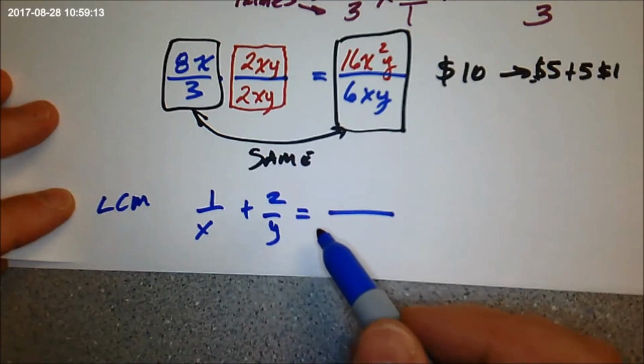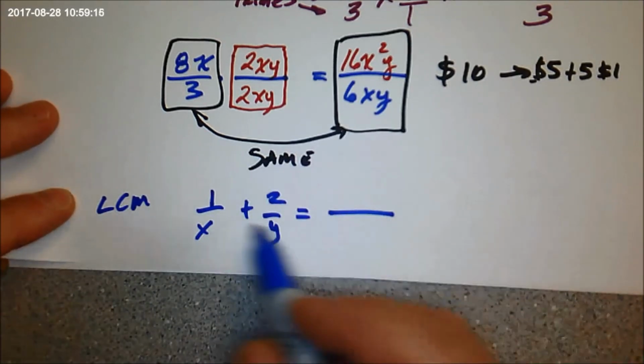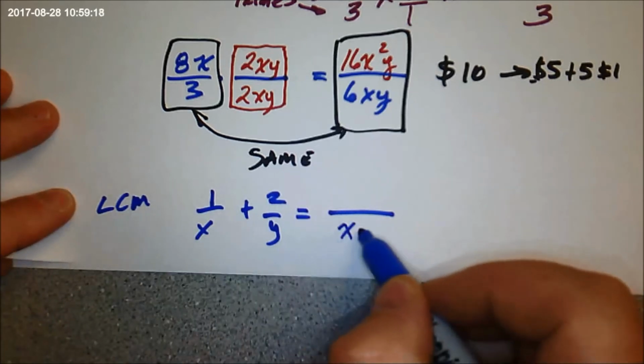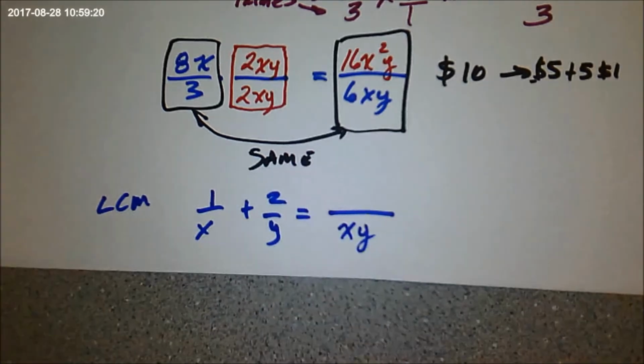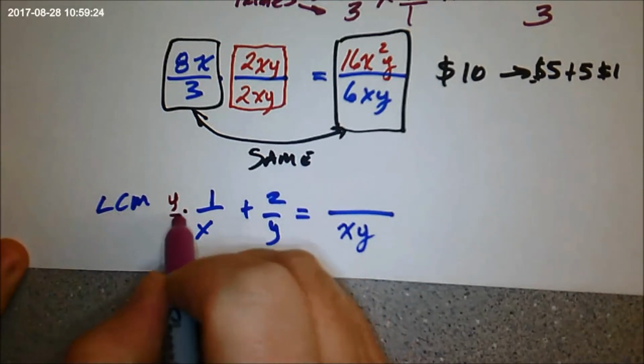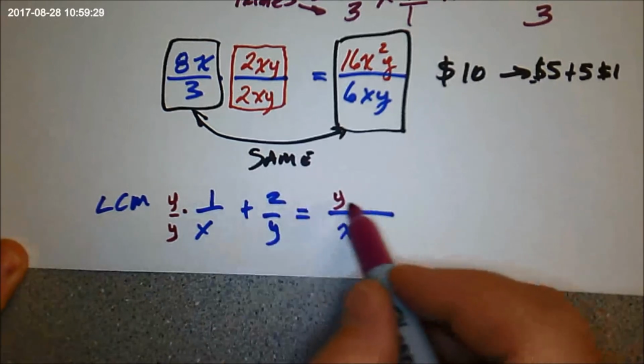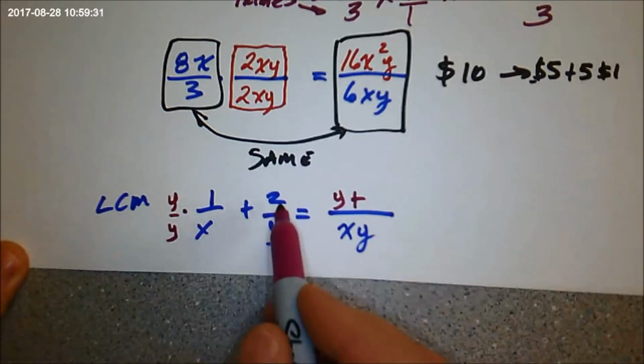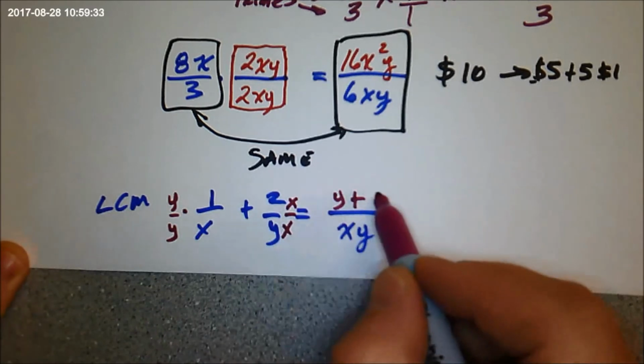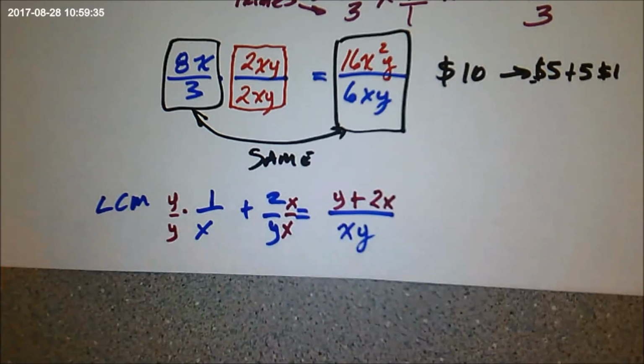I don't know what x is or what y is, so I have to assume they're relatively prime, which means their LCM is their product, xy. The way I get xy from just x is by multiplying by y over y. So this is y, and then plus goes there, because this one I have to multiply by x over x, so that's 2x. That's what we're going to be doing tomorrow.